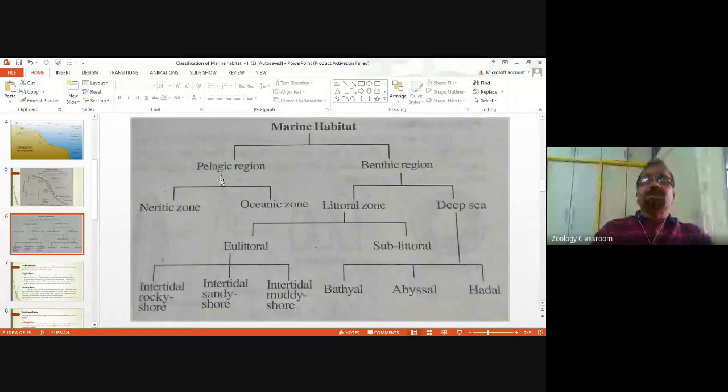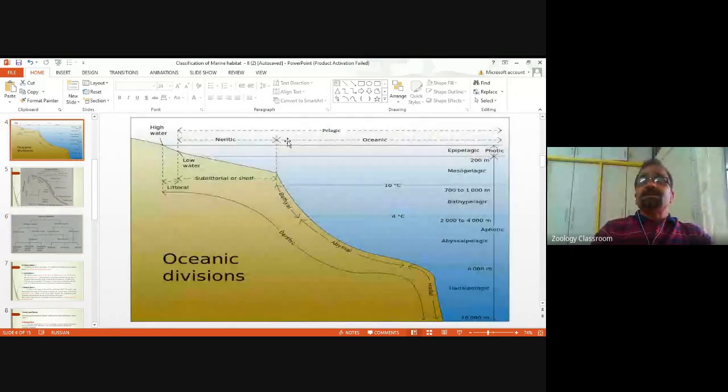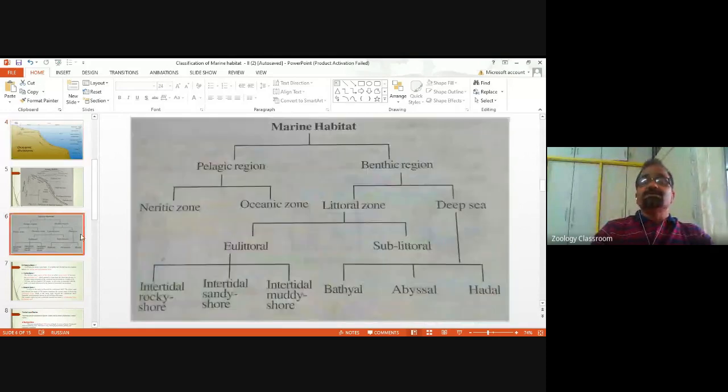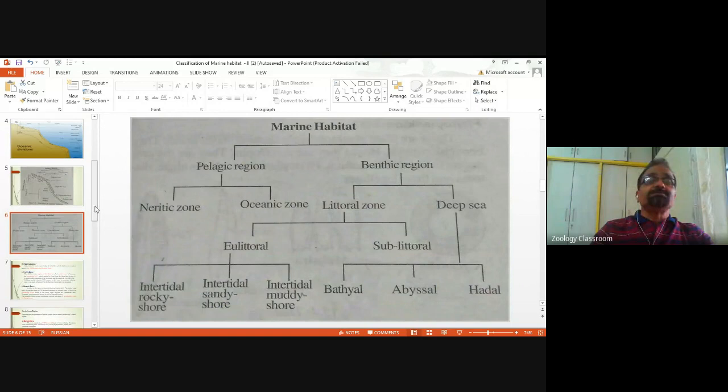Again, the pelagic region, or the surface, is divided into neritic and oceanic. We'll be discussing this benthic region later on. So we'll just begin with this pelagic region.